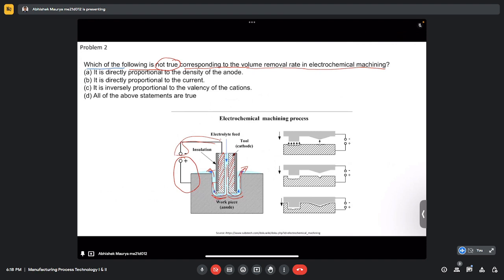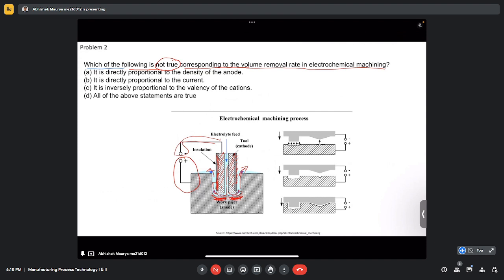So in this region, material removal will keep on taking place, because this is the region where the positive and negative electrodes are. If you see, this is the insulated layer. So here the sidewise no machining will take place, only from the bottom machining will take place, because here the tool is exposed directly to the workpiece, and there is a layer of electrolyte.